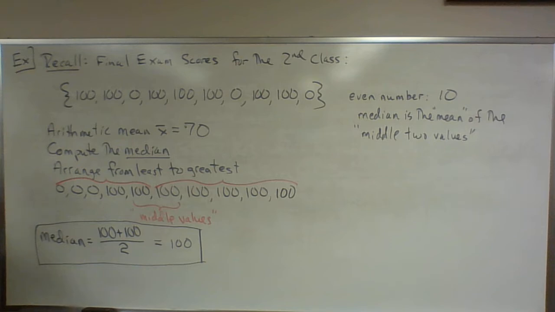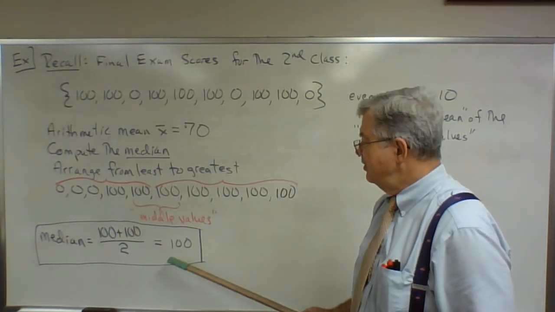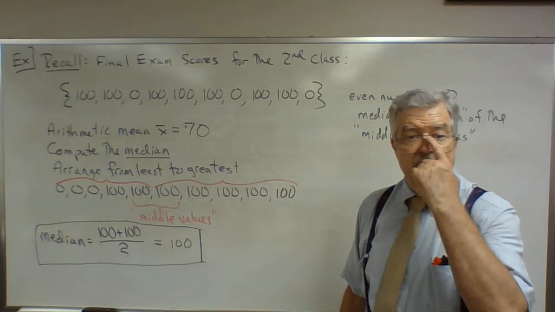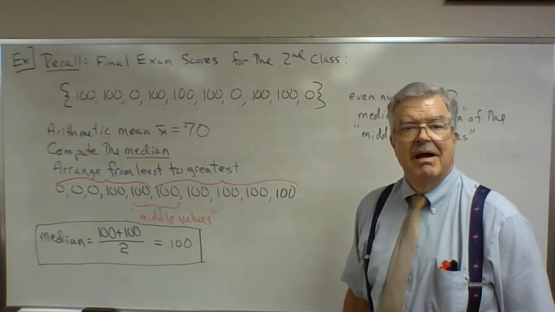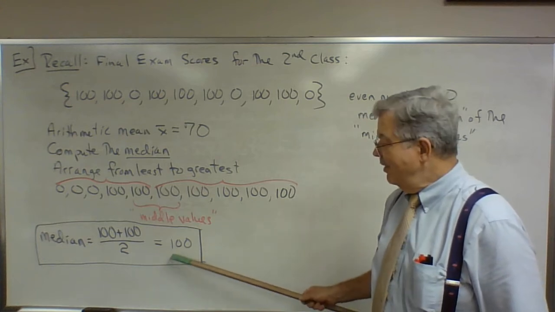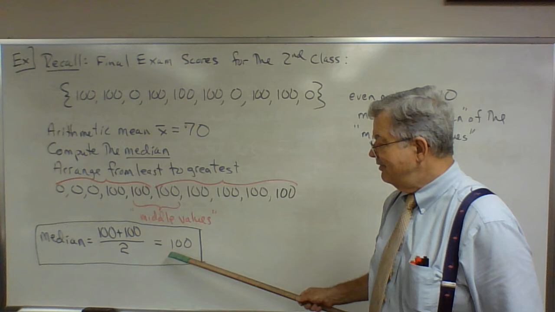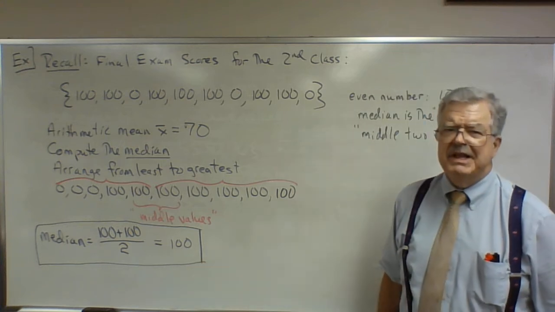Well, the median by itself doesn't really give us a good picture of what's going on either. If we look at the median and see 100, we think, oh, this is the middle value? This is a very good class. All of these students must be excellent if this is the middle value. And that's misleading too.